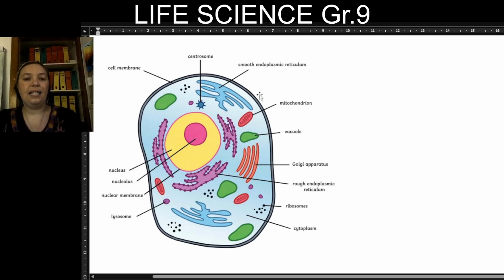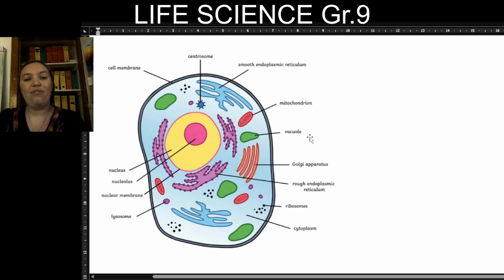And then the second one here from the top, mitochondria. Mitochondria is the plural, mitochondrion is the singular, and that is in control of cellular respiration, so basically making energy for the cell. We've got many of them throughout the cell, all over the place. Then we've got a vacuole, these green ones here.